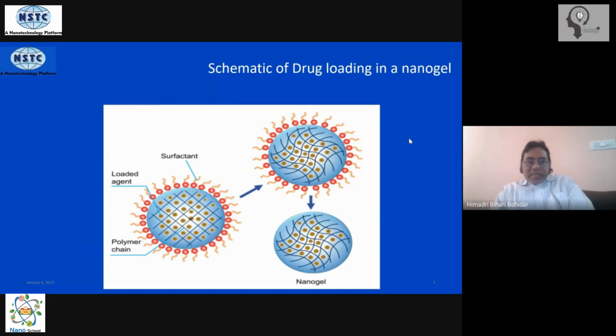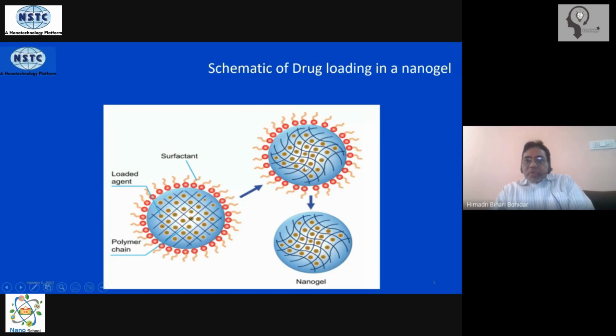Symbolically, what is done is that at the time of the cross-link formation, we also load the active agent in there, because the nanoreactor is already there ready for us to be utilized. So when you put the loading agent with the polymer together, they get trapped inside, then they translocate themselves into the core of the nanoreactor.